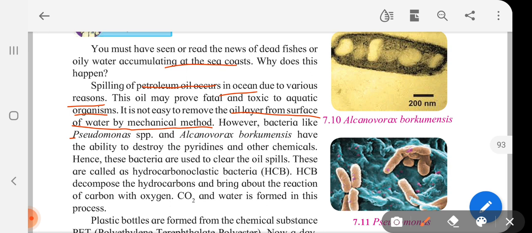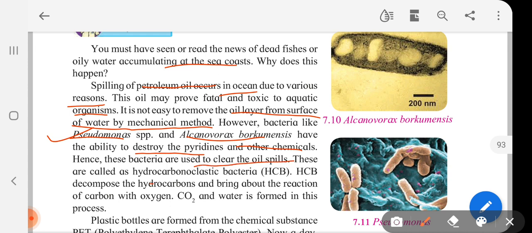However, bacteria like Pseudomonas and Alcanivorax, very important, have the ability to destroy the pyridines and other chemicals. The question was asked on this once in the board exam. Hence, these bacteria are used to clear oil spills.